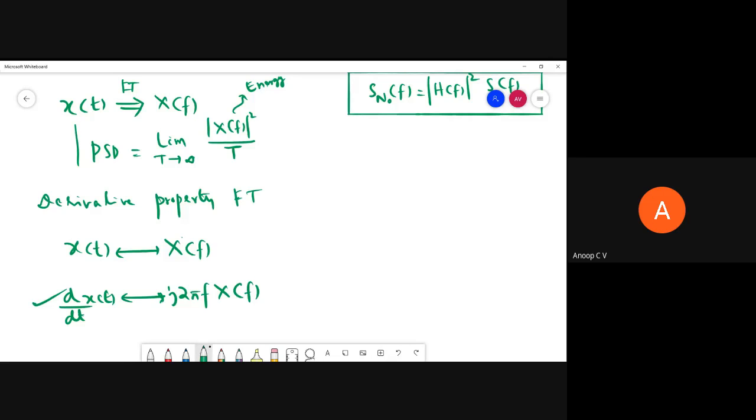Wherever I put this double-sided arrow, it means it's a reversible operation. So can I write it like this?